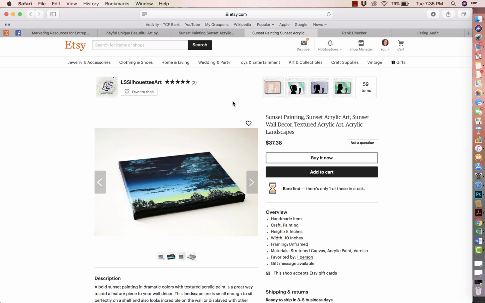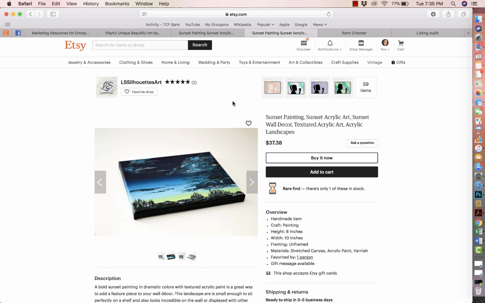That way you can start collecting data on who the people are that are visiting your store, who are interested in your products and services. Once you start measuring that data, you'll be able to determine who your target audience is and therefore start writing listing descriptions for those people and start researching keywords that will benefit the people that are interested in your products and services.